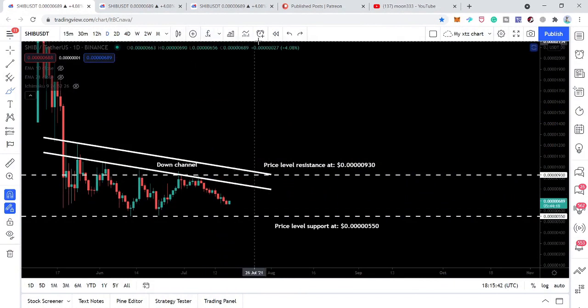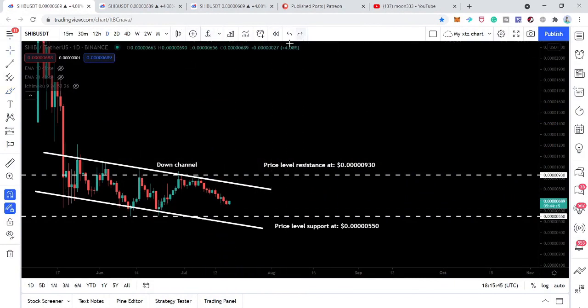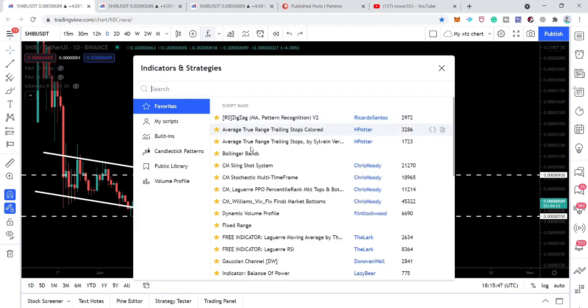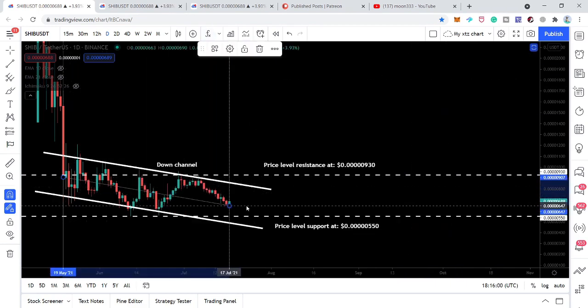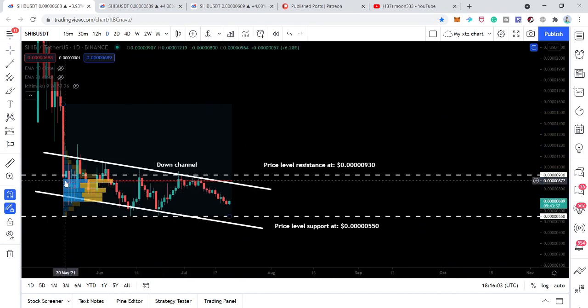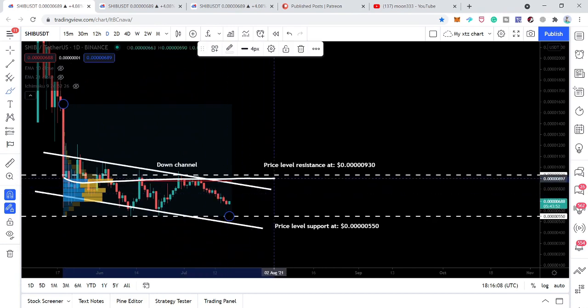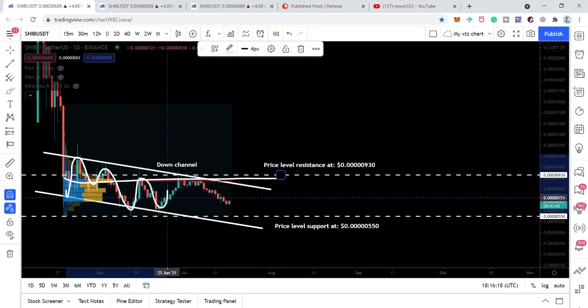Now I would like to again show you the volume profile of the complete price action, where it is showing the traders' interest within this down channel. I'm just going to apply the fixed range on the complete price action moving within this down channel. Then we can see that this point of control of the volume profile, this red line, can lead the price action above the resistance of the channel, because you can see that the price action always follows this point of control.